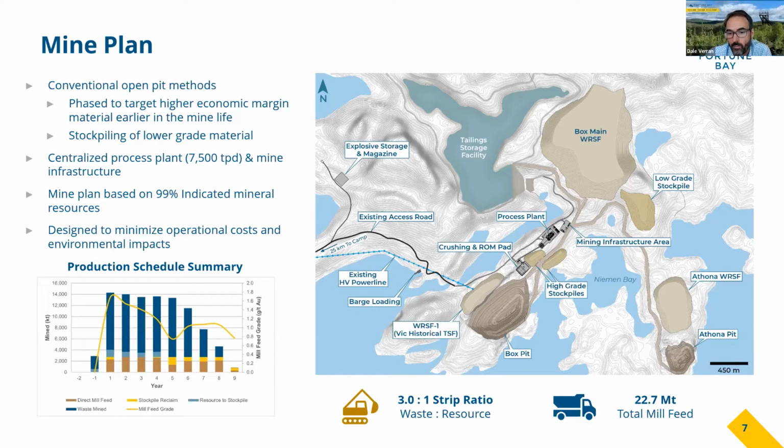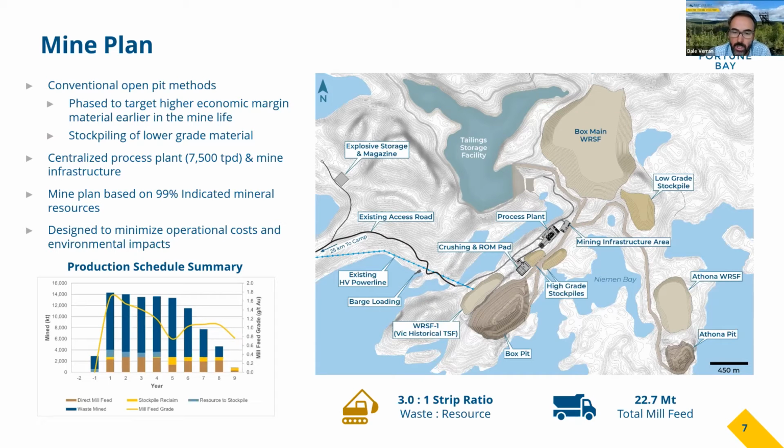From this operation, processing at a central plant using a whole ore leach recovery process, producing tailings that will be in a slurry form, and those being pumped to a tailings storage facility, a really conventional design.